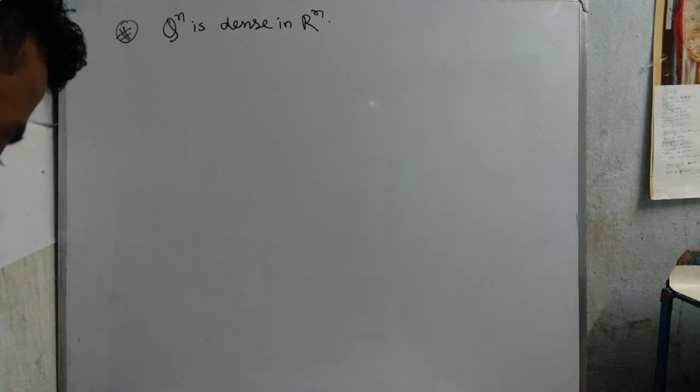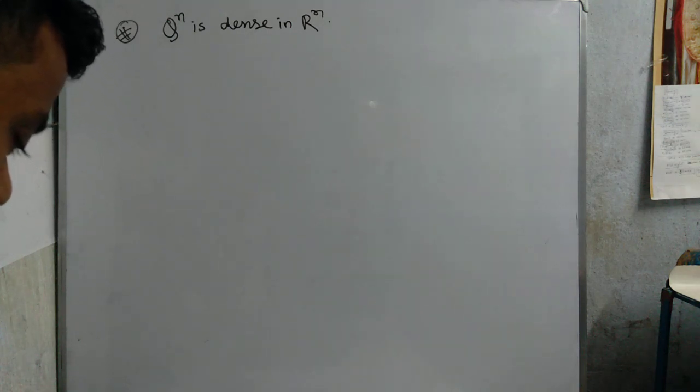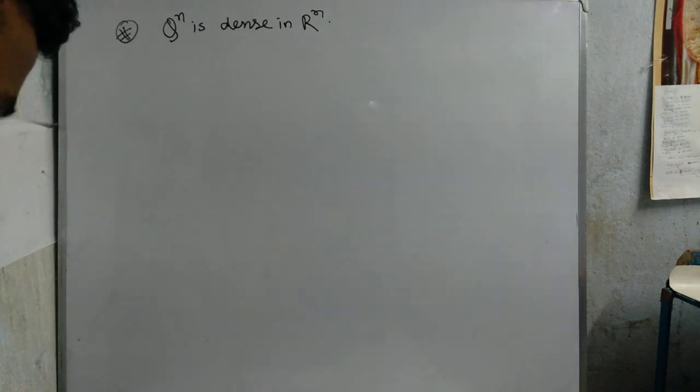is Q to the power n. Then the set of all functions from N to Q is uncountable. Why does this happen?